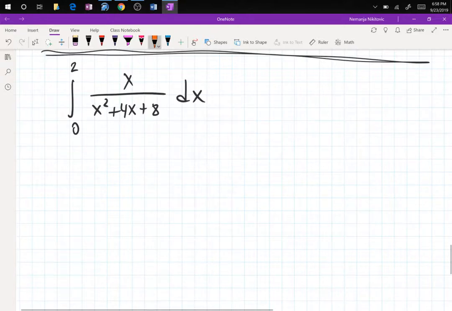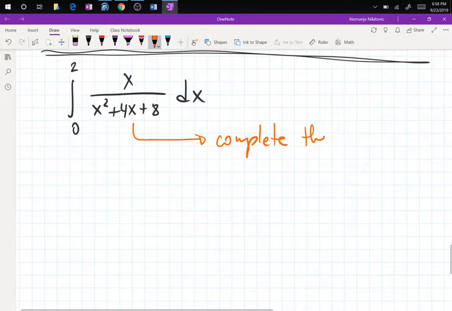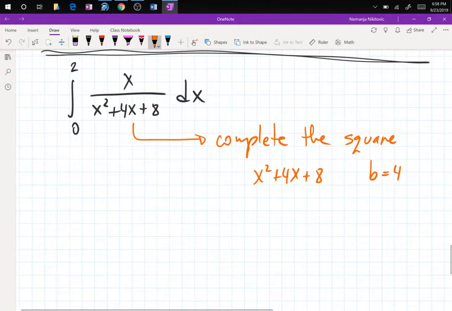Now, what I'm going to do is what I tended to do, because that's how I am. And that is completing the square. Hello, intermediate algebra, or algebra, whatever you took years ago. Complete the square. So we have our x squared plus 4x plus 8. B is equal to 4. We need half of b squared, and half of b squared is, if b is 4, then it's a 4.